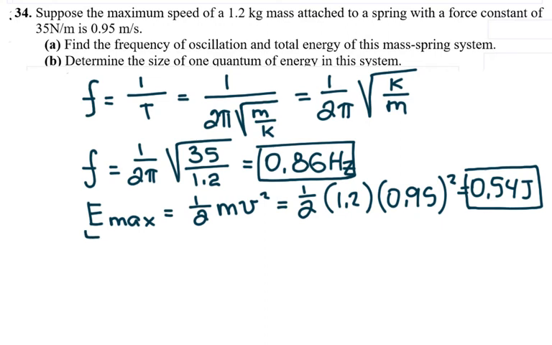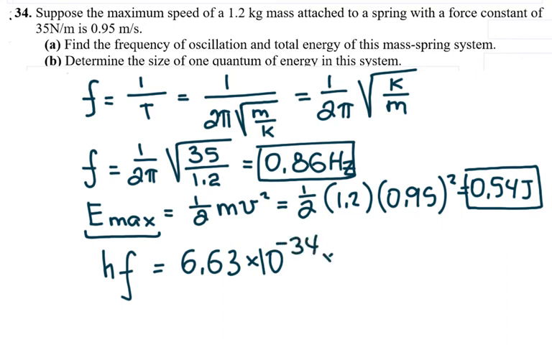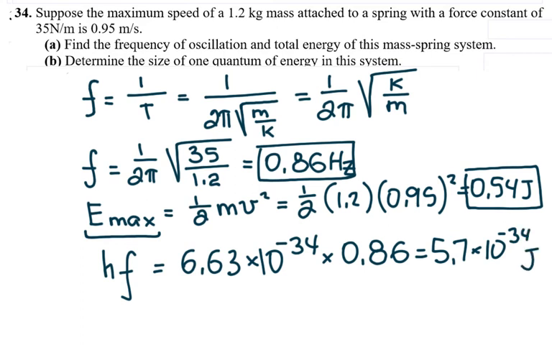So if this energy is replaced with h times f, you would have Planck's constant, 6.63 × 10^-34, times the frequency of this oscillation, 0.86, and that would give you 5.7 × 10^-34 joules. So this would be the energy of one quantum during this oscillation.